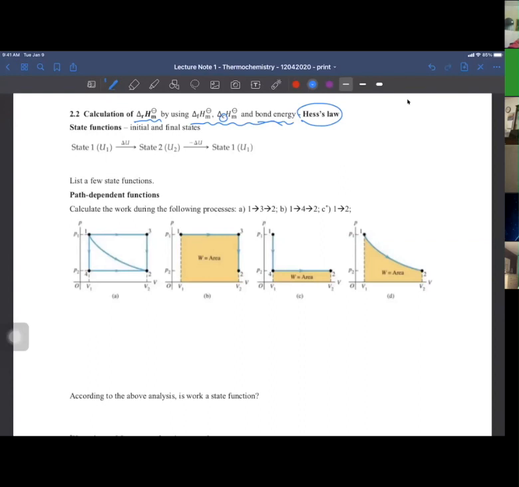Before we talk about Hess's law, we need to introduce a very important concept, which is called state function. What is a state function? Basically, it means the state function is determined by the initial and the final states. It's not related to the past, basically not related to how the final state is achieved.